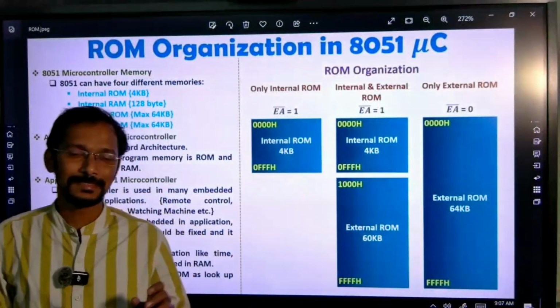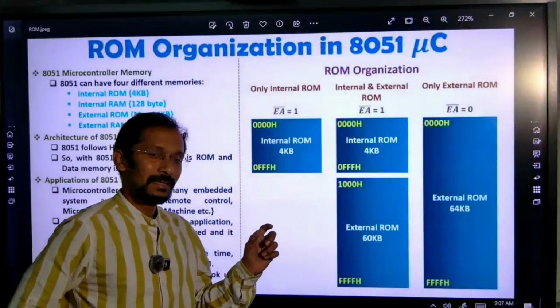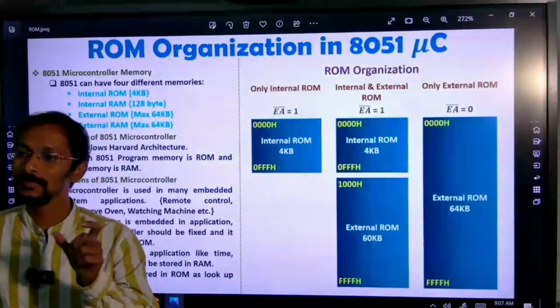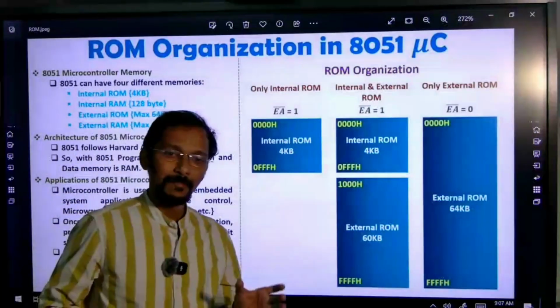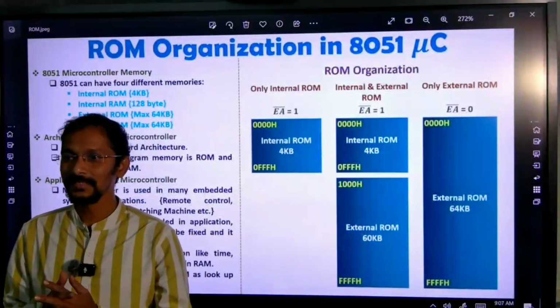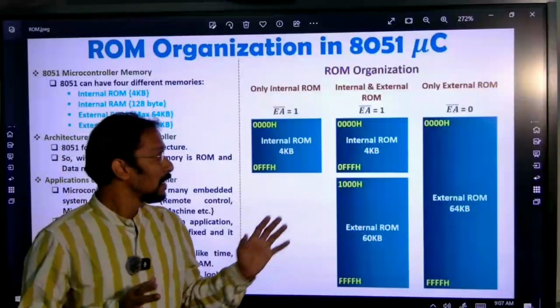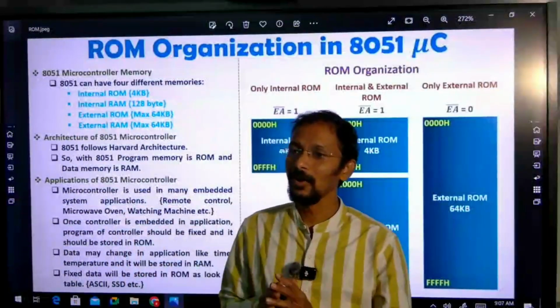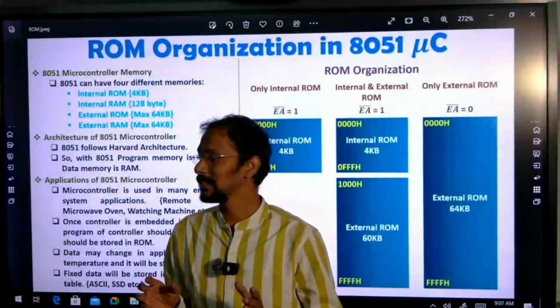Then applications of the 8051 microcontroller. A microcontroller is one kind of embedded system, which is embedded in the system with different peripherals. An embedded system can be one part of a big system, like an air conditioner.